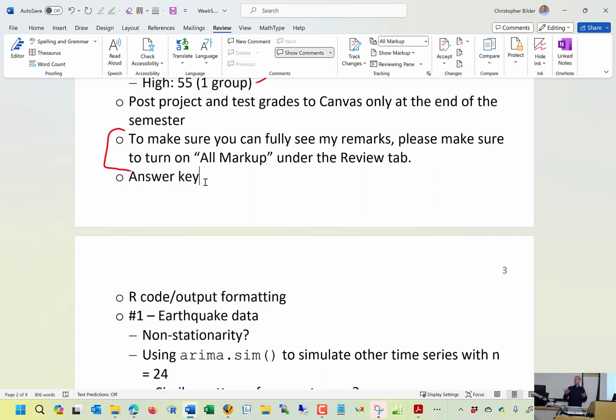But I didn't take off points for that, so you might be thinking, oh, I got it right. Well, you got full credit, but you didn't have totally the correct answer. So make sure you take a look at all problems on the project, even if you got them right. Overall, I see giving you the answer key as the ultimate amount of feedback I can give you, because you know what the correct answer is for every single problem.